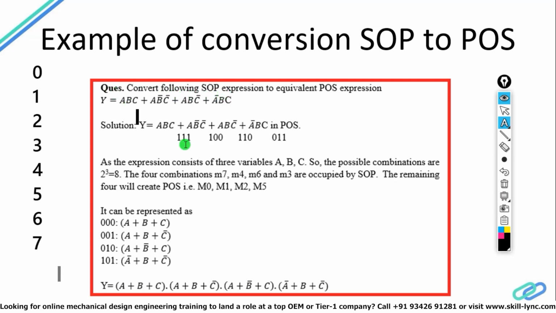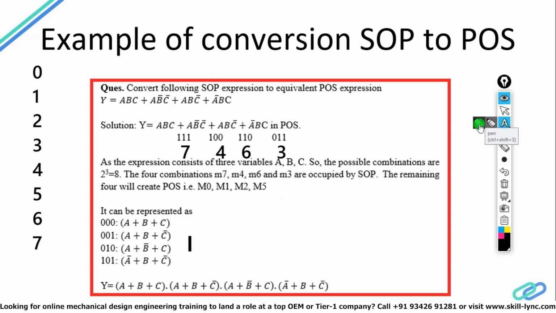It is 111, it is 100, it is 110, it is 011. So this is 7, then it is 4, it is 6, it is 3. So 3, 4, 6, 7 are the min terms.